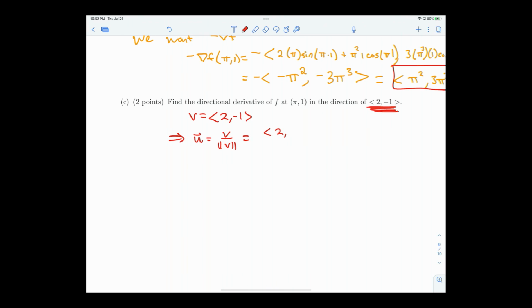So it's 2, -1 over the magnitude of that vector, which is the square root of 2 squared plus 1 squared. So we end up with square root 5 on the bottom: 2 over square root 5, -1 over square root 5. So that's my u.